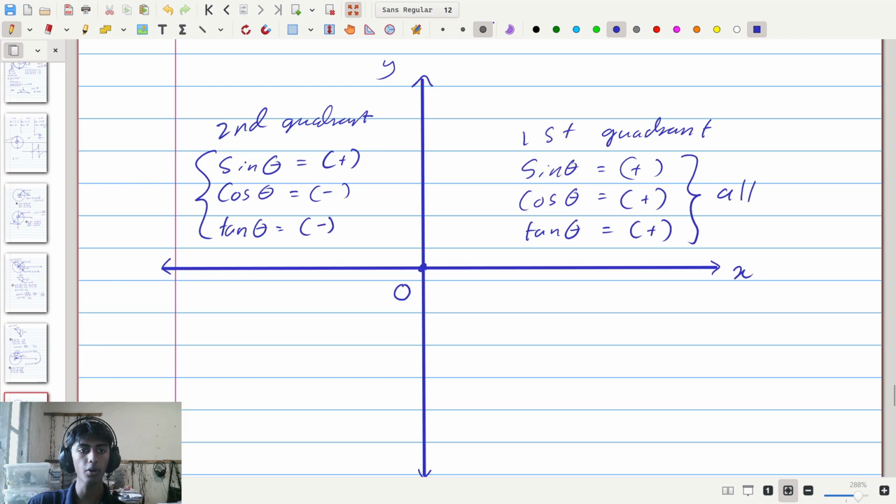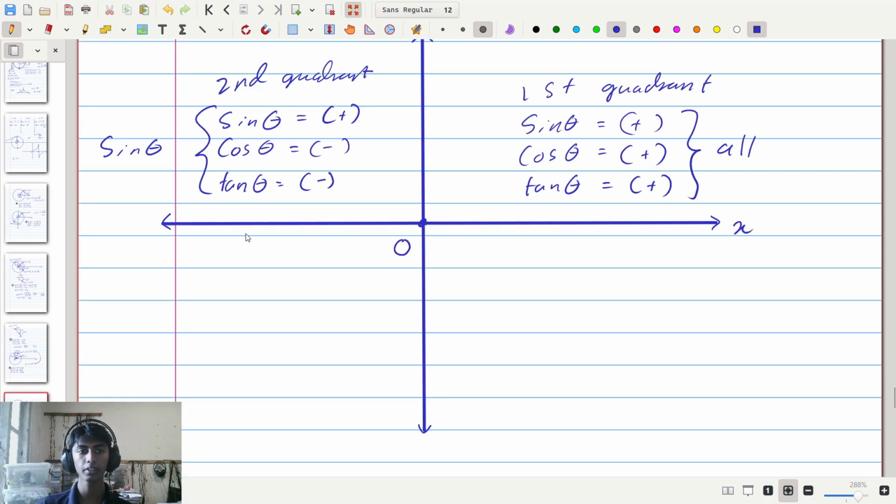Within this quadrant, the only positive one is sine theta. So we say within this quadrant, sine theta is positive, and we imply that the rest are negative. It's a common thing that people do to remember where we have positive sine theta, positive cos theta, positive tan theta and such. In the second quadrant, only sine theta out of these three trigonometric functions is positive.